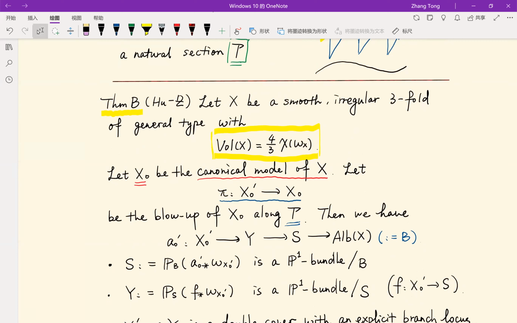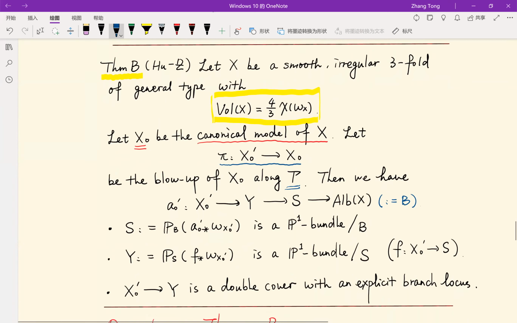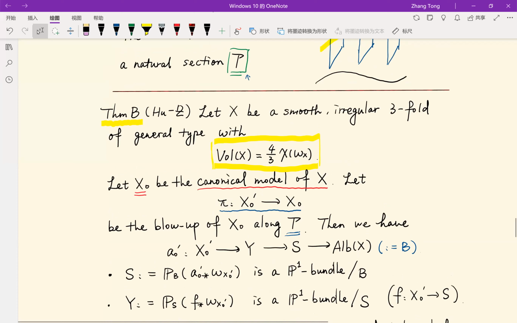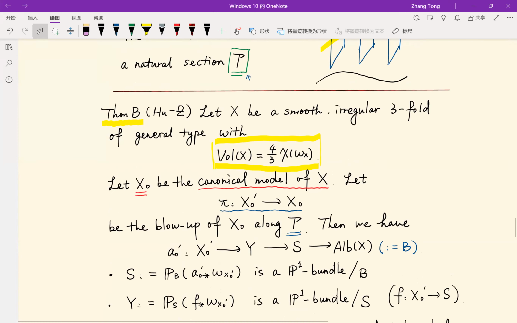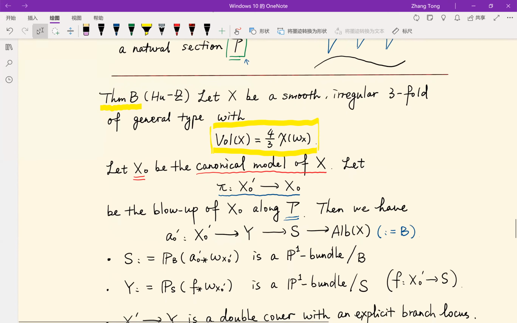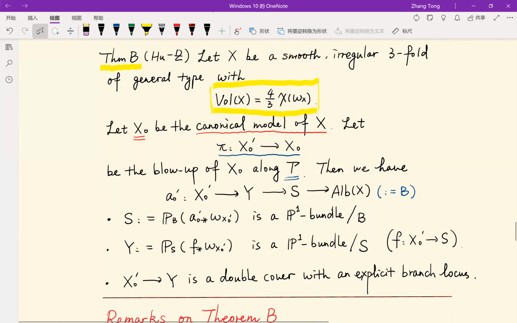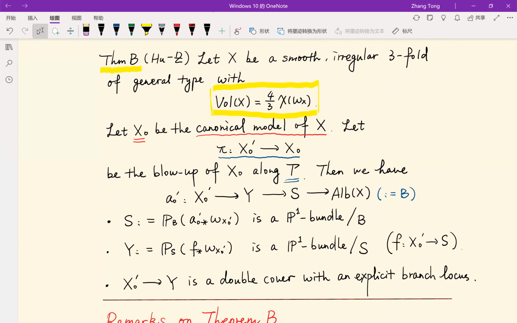Of course, previously this gamma lies on the minimal model, so you must prove that this section descends to the canonical model, and in fact this is not hard to prove. I just use the same letter gamma to denote the section.